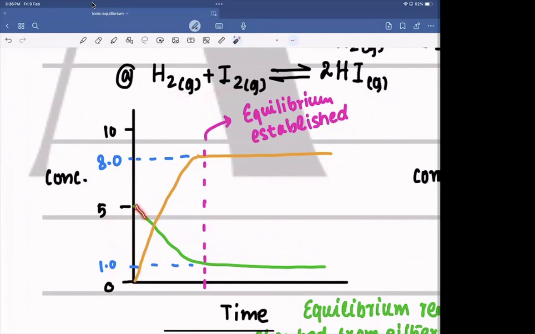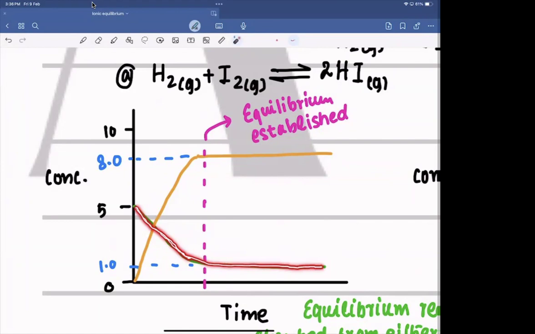So they will start being consumed, and when 1 mole is left, the equilibrium establishes, because after 1 mole, no more reactants are being used up. We took 5 moles of hydrogen and 5 moles of iodine, and they start reacting, and when 1 mole is left, the reaction apparently stopped.